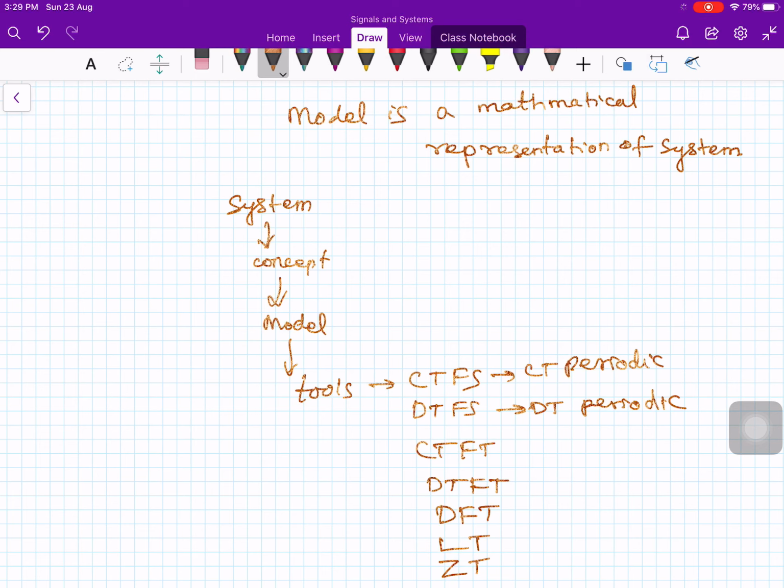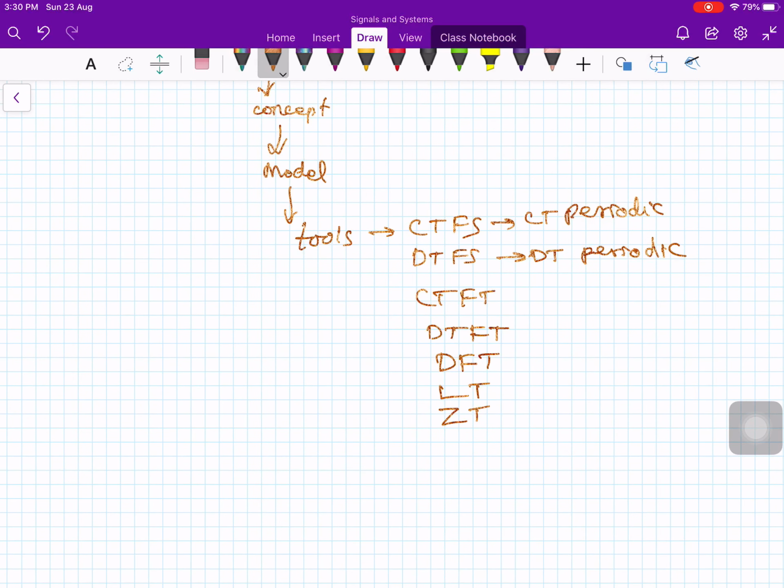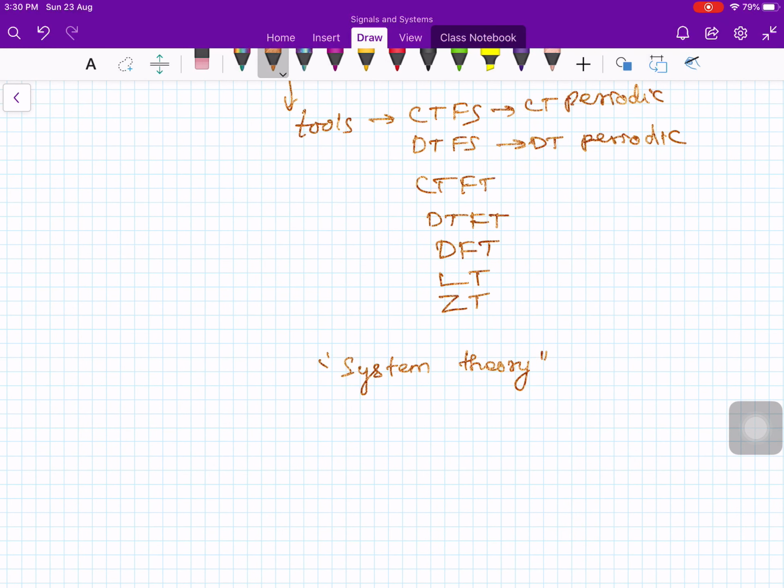That equation governs the operation of these various systems, which are more or less the same. Therefore, there is a unifying body of techniques and knowledge which comes under the general title of system theory, or principles of system analysis, which will be the main scope of our study in this course.